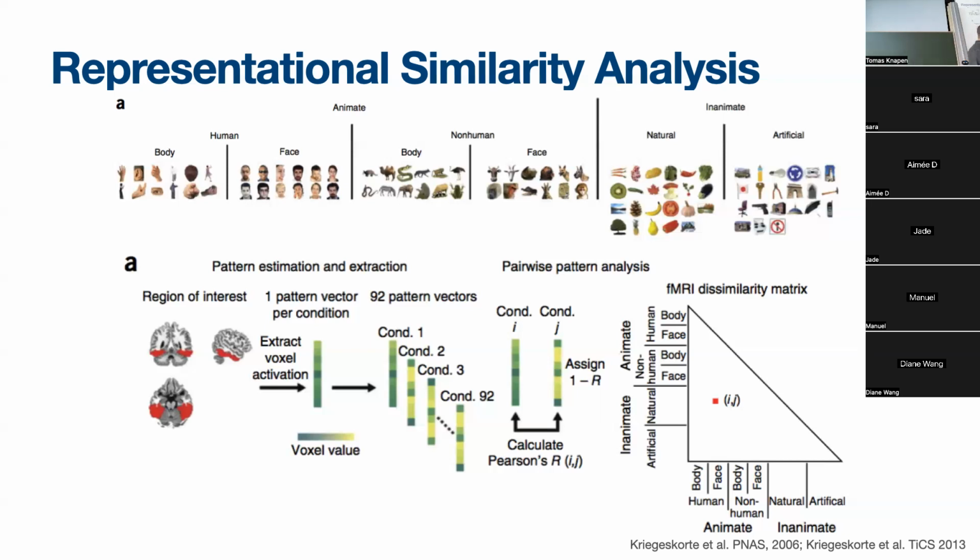And so what we can do is actually get this pattern for 92 different stimuli, right? So we don't have 2 different stimuli, but we have 92 different stimuli. And how do you then work with this? Well, you don't do a single pattern analysis between 2, but you have all possible combinations between those 92 different stimuli.